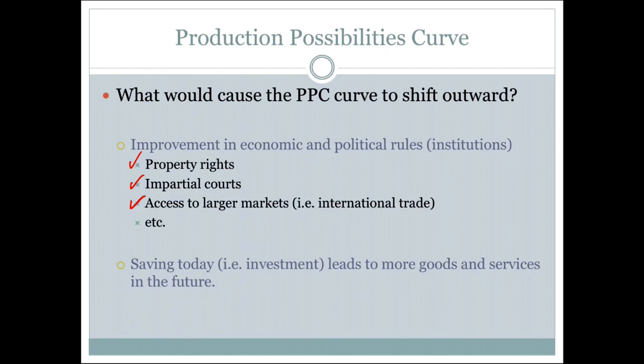So what you could do is save today and invest the money, and you have more money in the future. That represents increased wealth and a PPC curve that's shifted out as well. If you invest now, you're going to be able to produce more stuff in the future. So saving today and investing also represents an increase in the production possibilities curve.